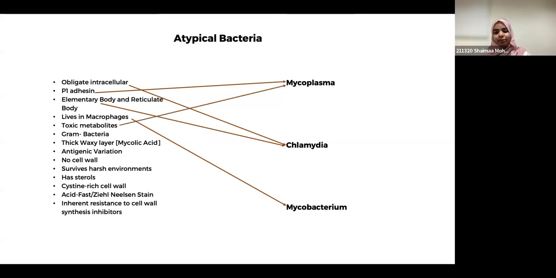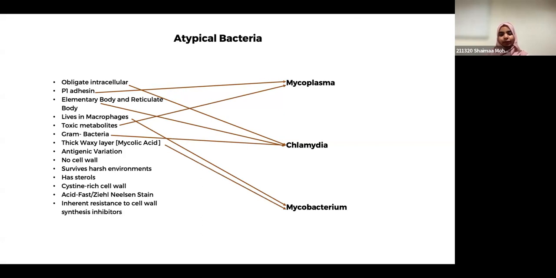Which one is technically a gram-negative bacterium? Chlamydia, perfect. Which one has a thick lipid waxy layer that's called mycolic acid? Mycobacterium, and it allows us to survive against harsh environments, okay?